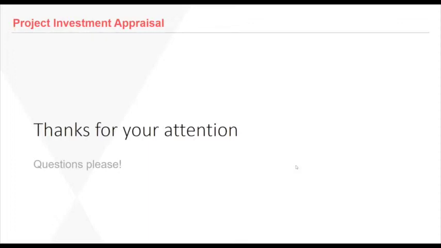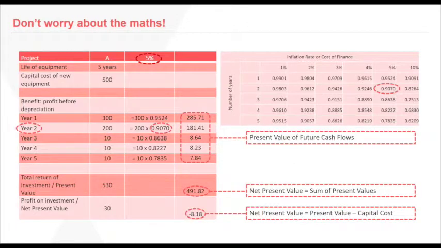So it is tied to time value, which is why, in fact, I'm going to go back to that sheet and have a look at this table. Can you see that as we move through time at our 5% rate, our discount factor gets smaller and smaller?